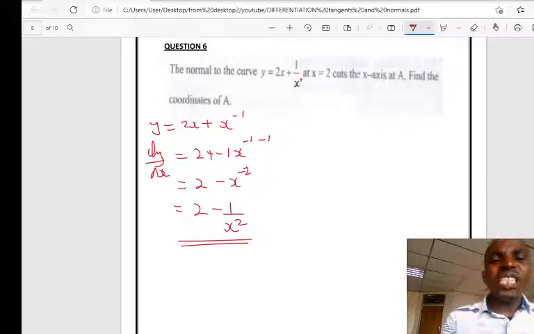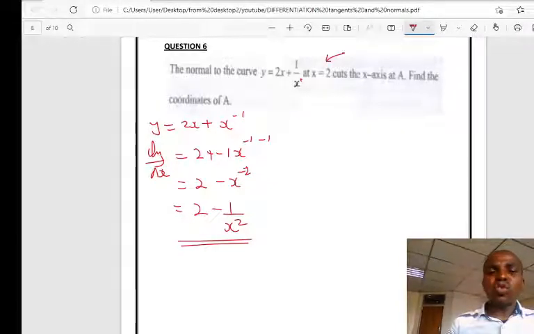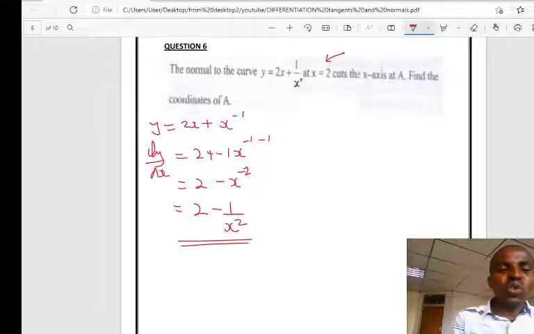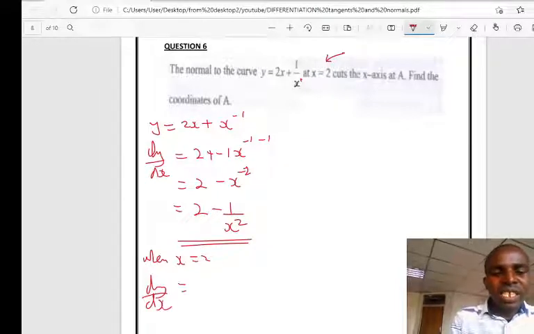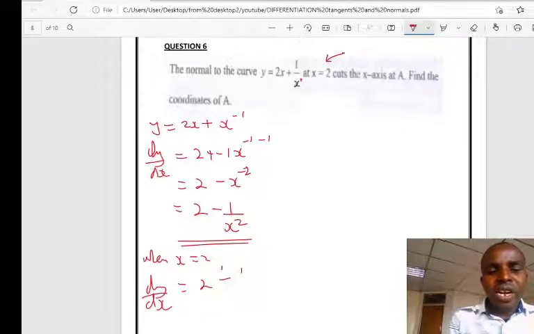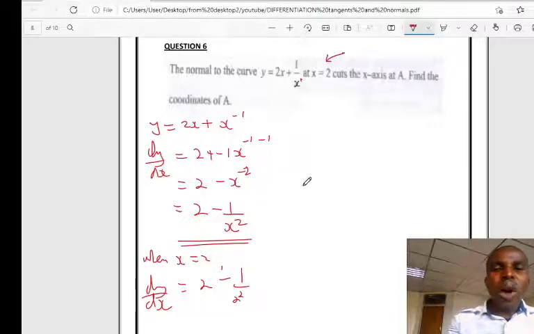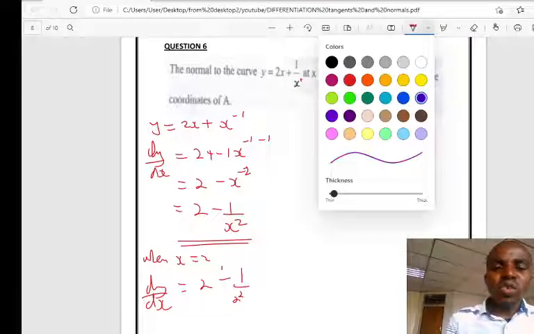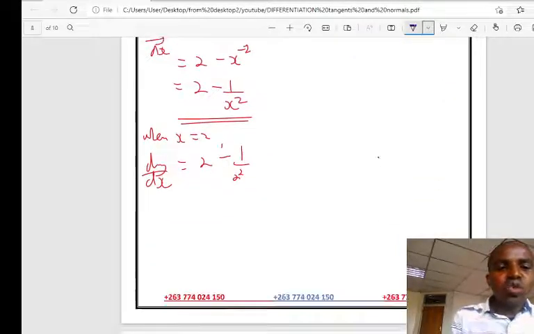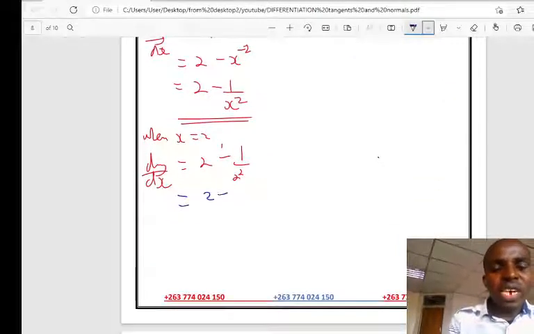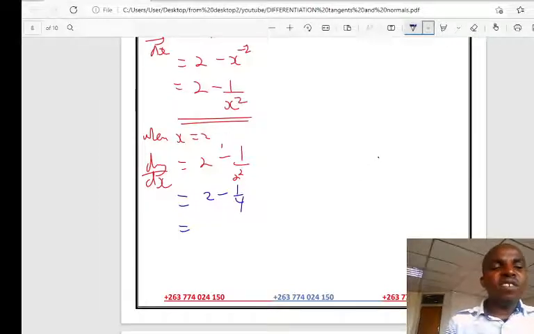Then we want the value of the gradient when x equals 2. When x is equal to 2, dy over dx is equal to 2 minus 1 over 2 squared. 1 over 2 squared is a quarter, so 2 minus 1 over 4.